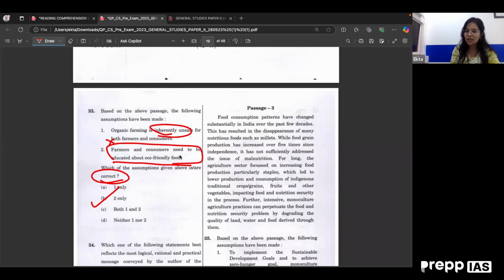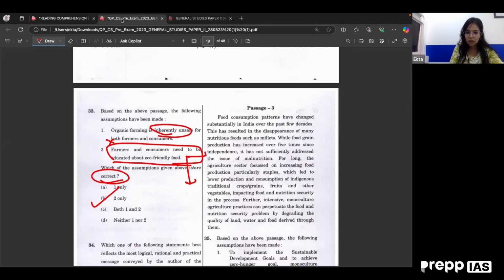So definitely he is thinking or he's assuming that he needs to be regulated or educated about eco-friendly food, right? That's why he's talking about the claim and the reality and how it can harm people instead of benefiting them, right? So this is again, एक तो पहला ये तरीका है, दूसरा ये तरीका है कि ये मेरे passage को further strengthen कर रहा है, right? That is why B is the answer.